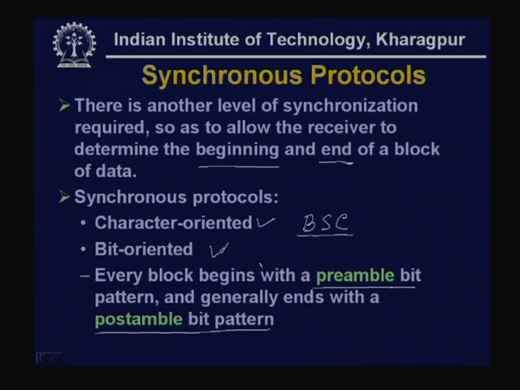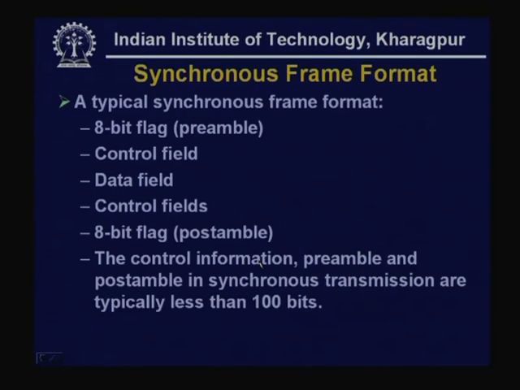So, this is the typical framing that is being done, and a typical synchronous frame format is given here, which shows that it will have some kind of 8 bit flag followed by some control bits.